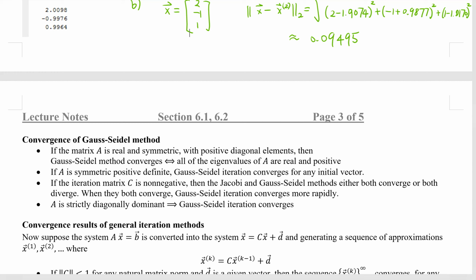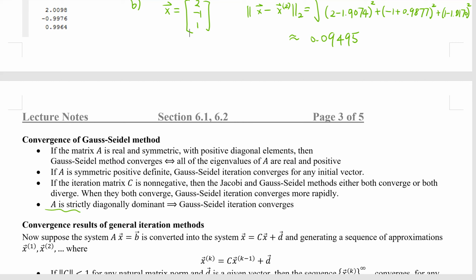Okay? So if A is strictly diagonally dominant, the Gauss-Seidel iteration converges. So now we have if A is strictly diagonally dominant, then both the Jacobi method and the Gauss-Seidel method will converge. So keep these in mind because I might ask you true or false questions. Okay. So far, so good, everybody?